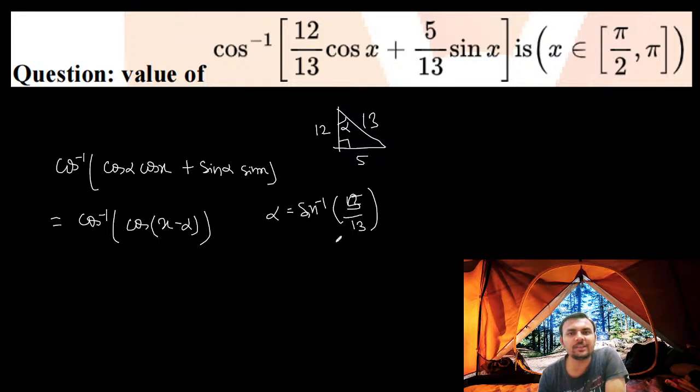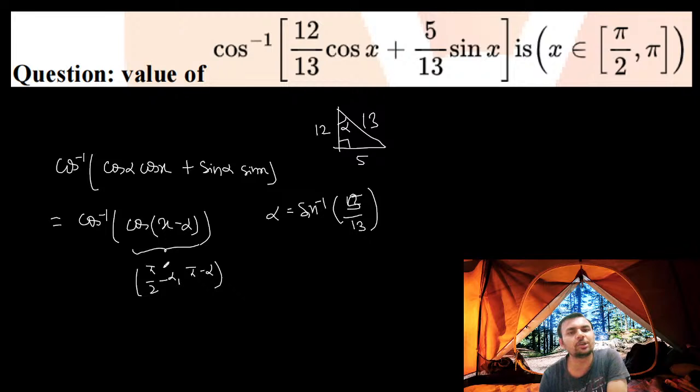Now sine theta has some value, so in cos inverse cos, this angle is some positive angle between 0 to pi by 2, minus alpha to pi minus alpha.